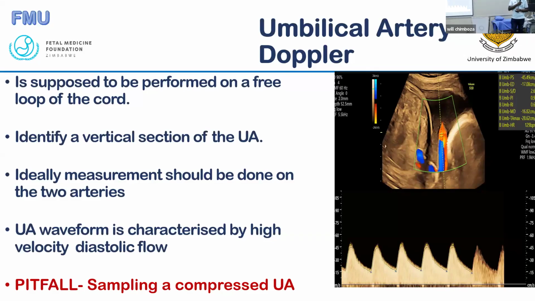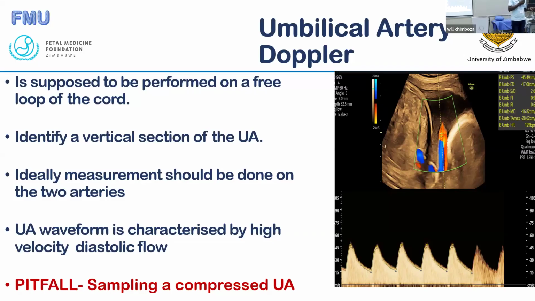So you find in some textbooks, they say it's impossible to achieve 0 degrees, but in obstetric Dopplers, it's actually possible. So you identify a vertical section of the free loop, your gate size, 2 millimeters, then you activate the color Doppler, then the pulsed wave Doppler, and it's characterized by high velocity diastolic flow. So this one is more like a mirror image of the uterine.